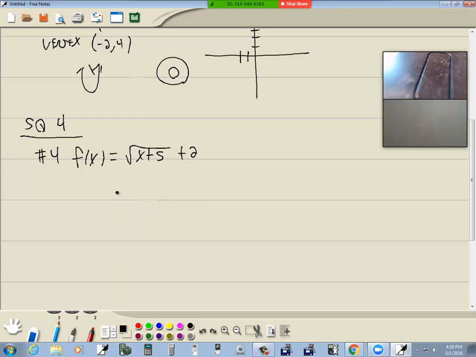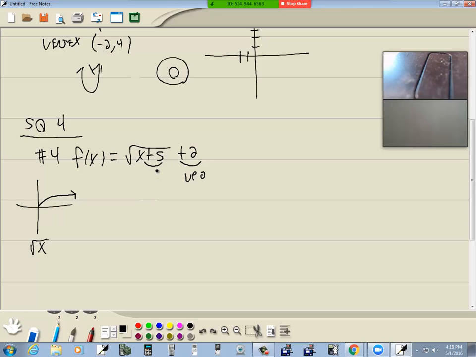So if I look at my graph, if I look at the square root of x, that looks like this right here. And these numbers perform a certain function. When you got a number at the end, that shifts it up or down. So this says that we're going to shift it up 2 units. When your number's inside with your x, it shifts left or right, opposite what you think.